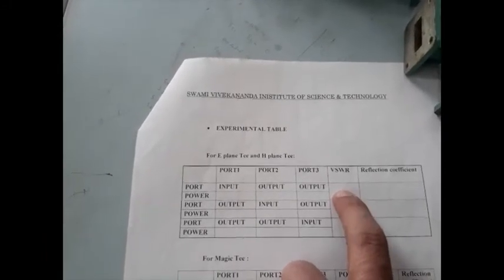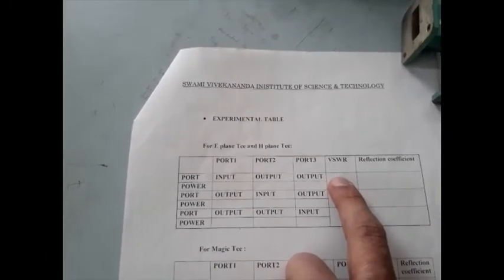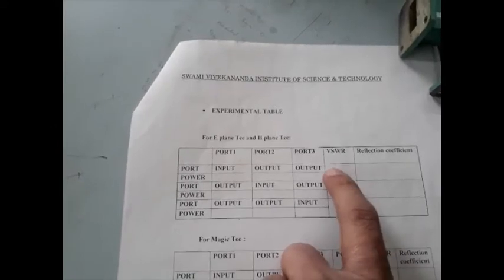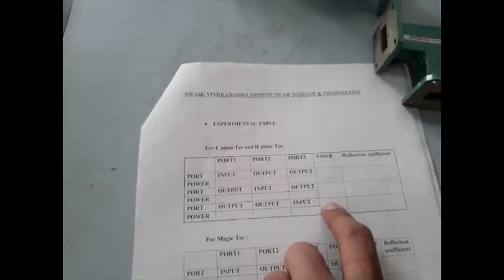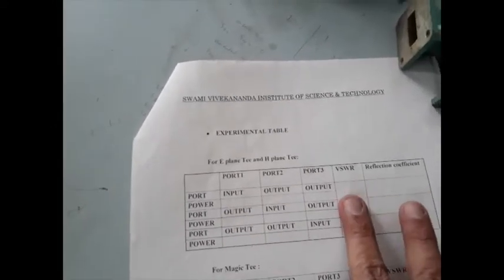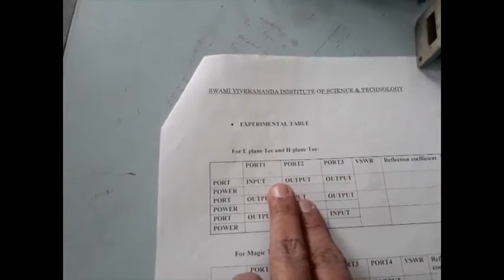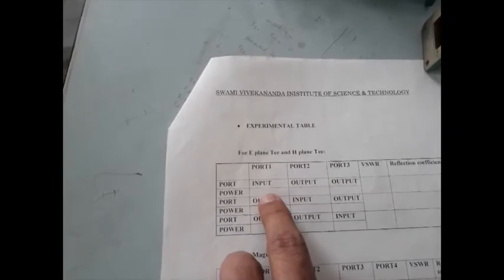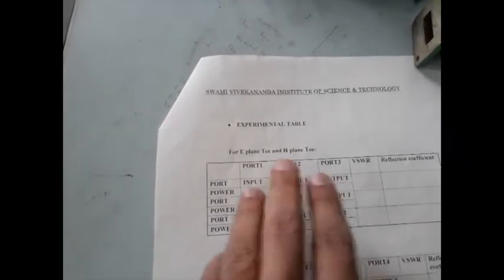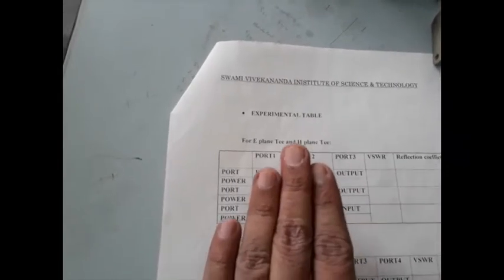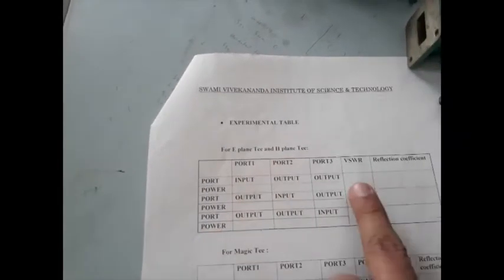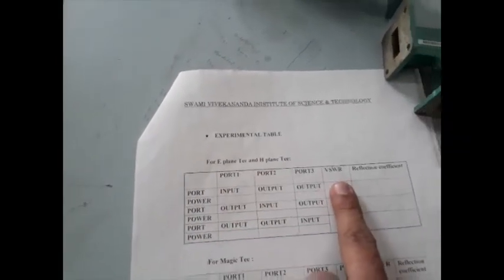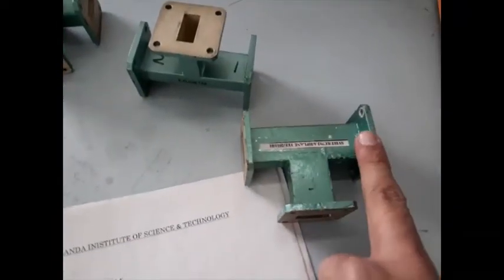To measure the reflection coefficient, we have to measure the VSWR for the three different ports. So this is one set of measurement, and to measure the non-diagonal elements, we have to take the ratio of the input and outputs. So we have two sets of measurements: one is to measure the power, another is to measure the SWR for the three different ports.